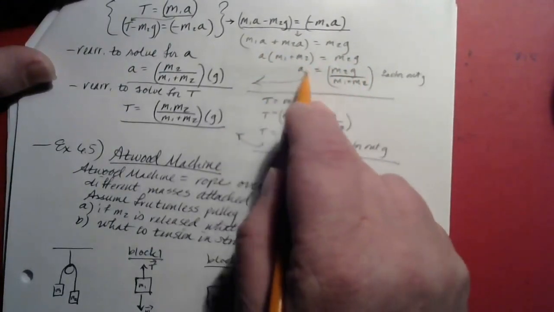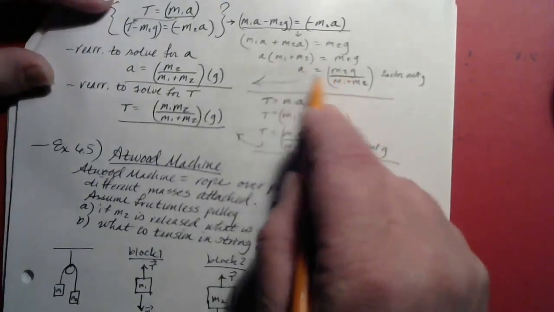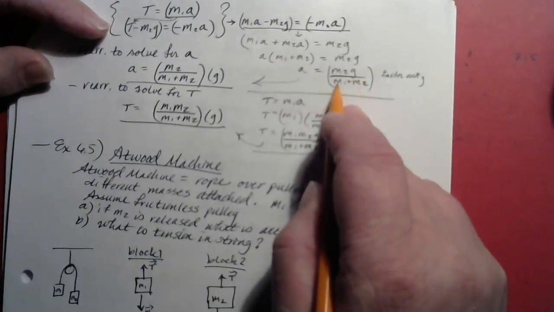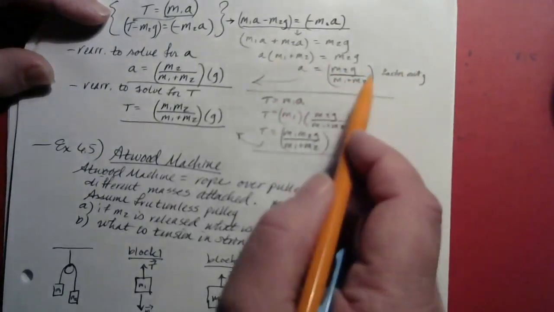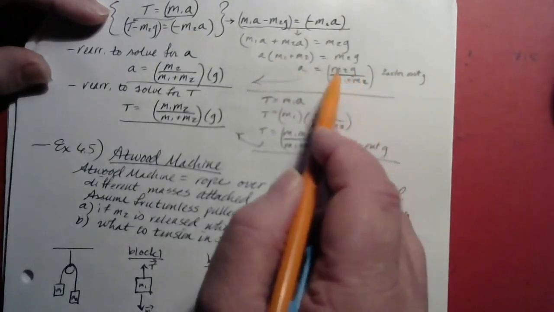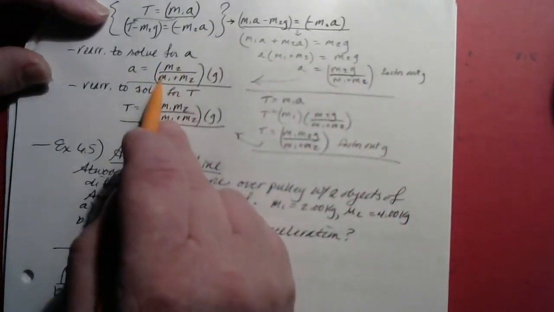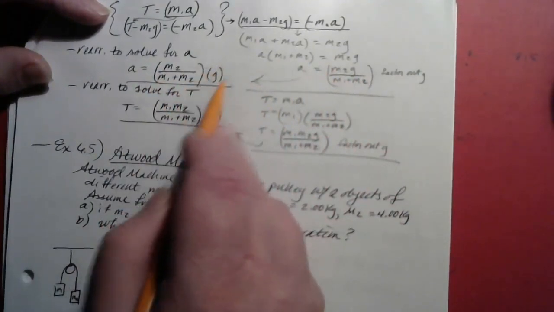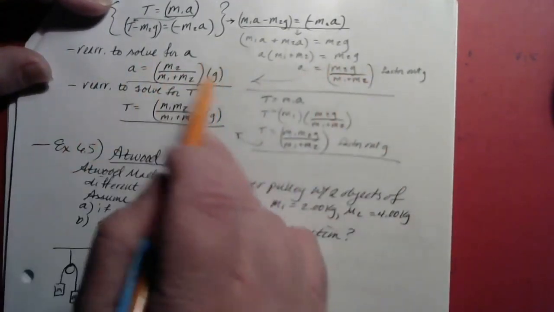To solve for a, you divide both sides by M1 plus M2, so a equals M2g over M1 plus M2. Factoring out g, you get M2 over M1 plus M2 times g. Essentially, these are the same thing, it's just that you factored out the g.